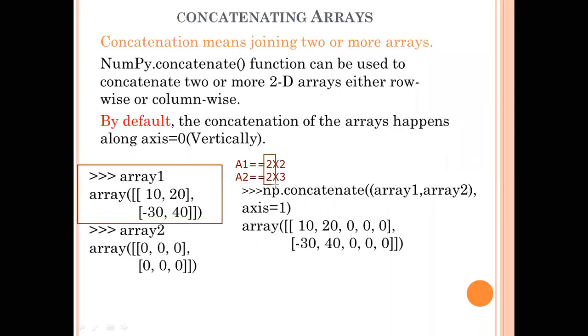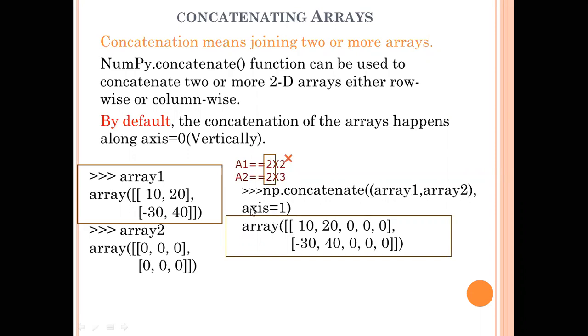It means the concatenation can be done horizontally. But if you want vertical, the number of columns must be the same. But they are not the same, so it is not possible, because array 1 has 2 columns and array 2 has 3. Then the function we apply is np.concatenate array 1 comma array 2.